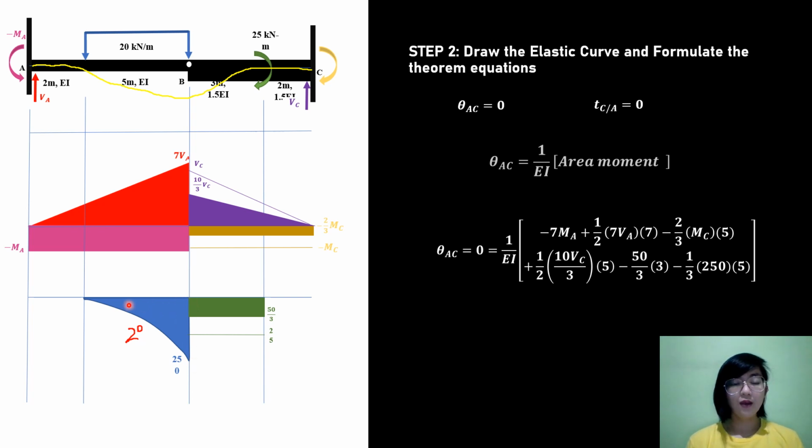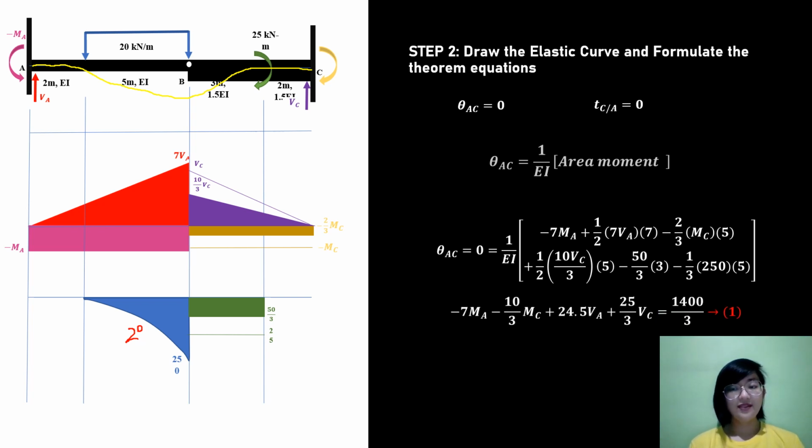Kaya, 250 times 5. Negative 1/3 times 250 times 5. So, let's simplify the equation. We will have negative 7MA minus 10 over 3 MC plus 24.5 VA plus 25 over 3 VC equals 14 over 3. We already have our first equation.